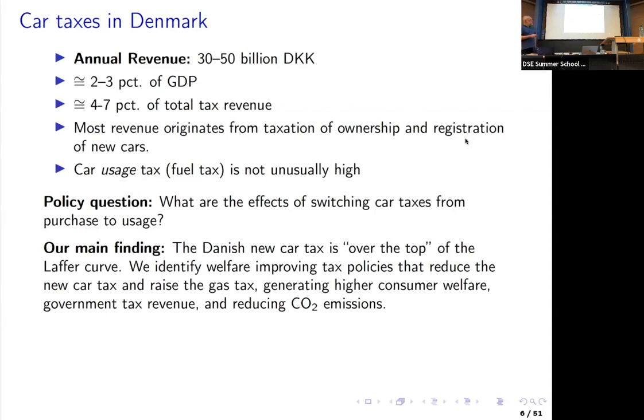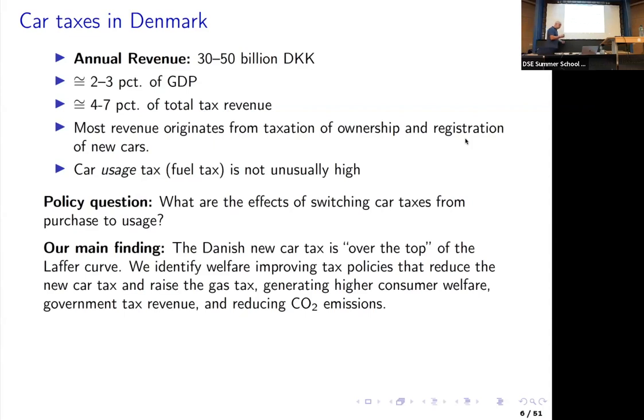So most of that tax originates from the ownership and registration taxes on new cars, and then fuel taxes. That's not so high because otherwise everybody's going to drive to Germany to fuel their car. But I guess the policy question here is, what are the effects of switching those car registration taxes from purchase to usage?